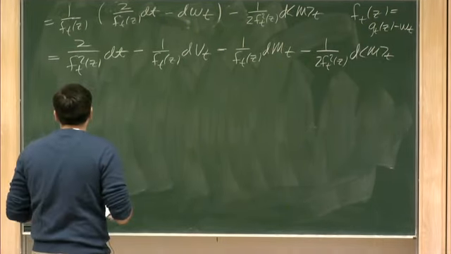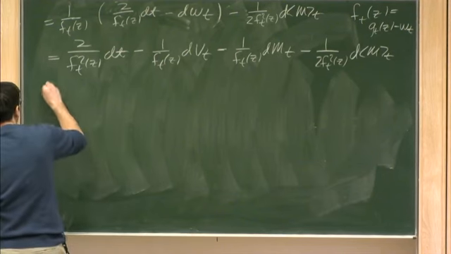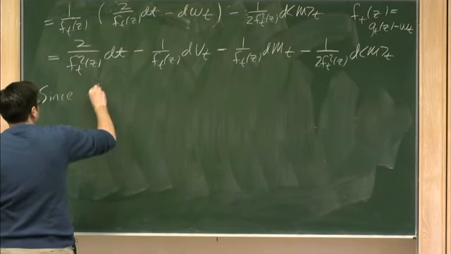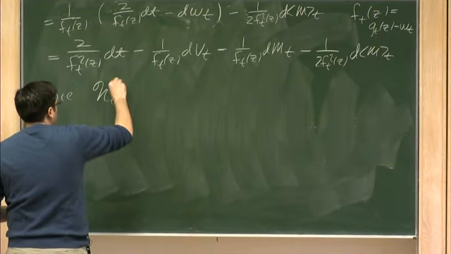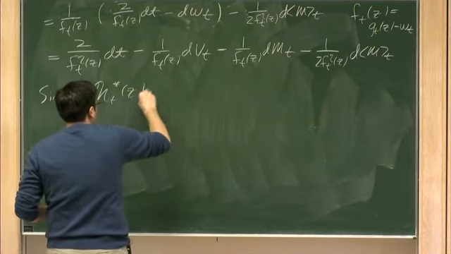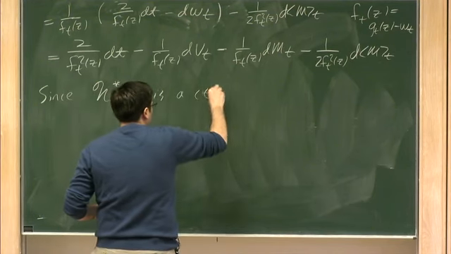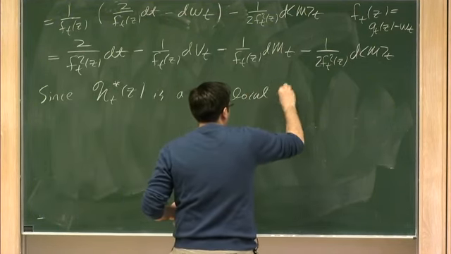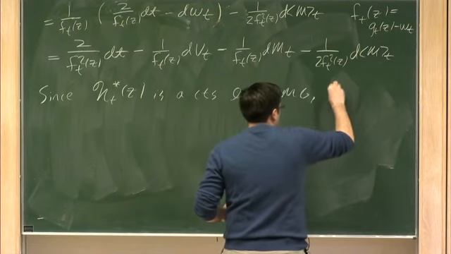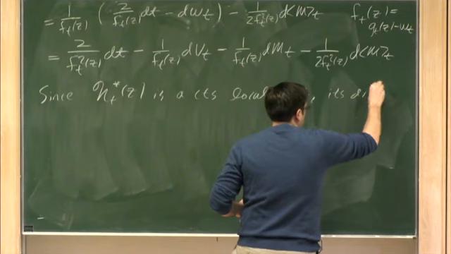The way we're going to do that is to use that since this ht star of z is a continuous local martingale, its drift has to be equal to 0.